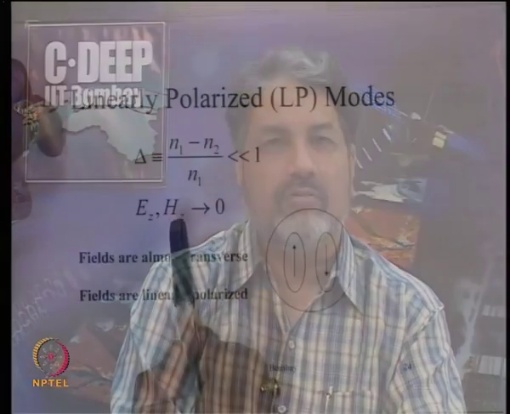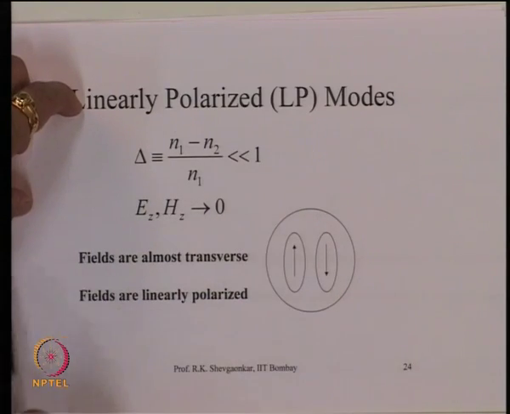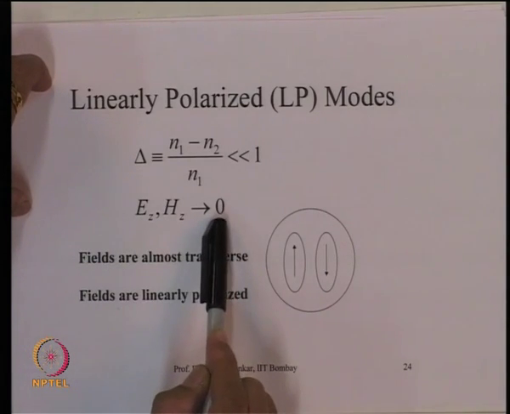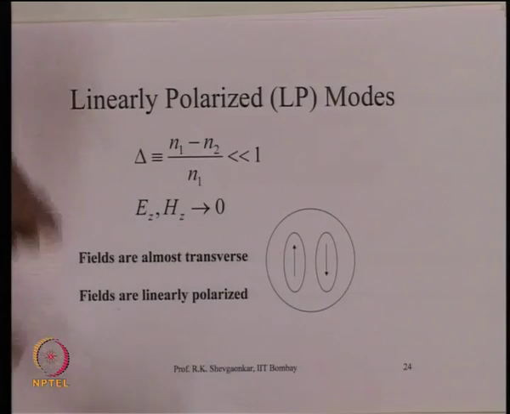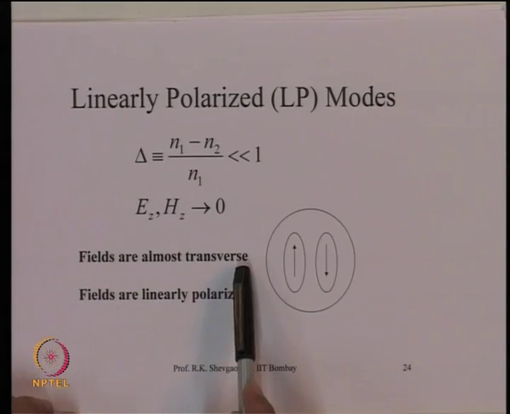So, for a practical fiber where (N1 minus N2) divided by N1 is much smaller than 1, the Ez and Hz components would be negligibly small compared to the transverse components. So, we say that the fields are almost transverse in this approximation.